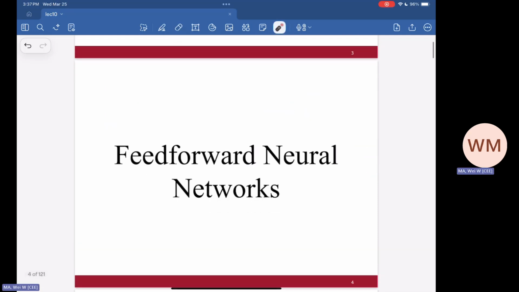Okay, so then let's move to the neural network part, or deep learning. How many of you have already used deep learning or neural networks in your research or in your study? Please raise your hand. What type of package are you using? PyTorch?